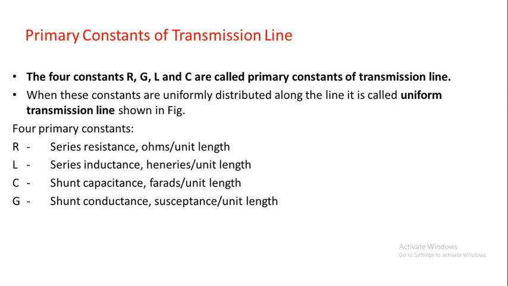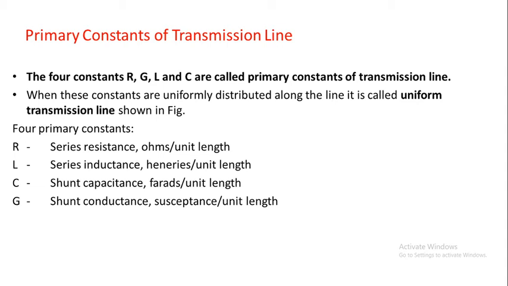Now further we go to the primary constants of a transmission line. There are four primary constants: resistance, conductance, inductance and capacitance. When these constants are uniformly distributed along the line, it is called a uniform transmission line.